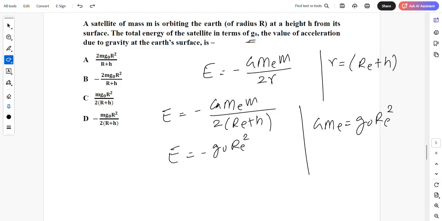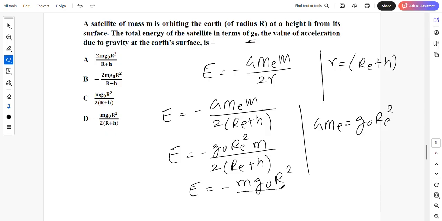In place of G M_E, I am writing g0 R_E square into m divided by 2 into R_E plus h, with a minus sign. That is minus m g0 R_E square, that is r square, divided by 2 into r plus h.